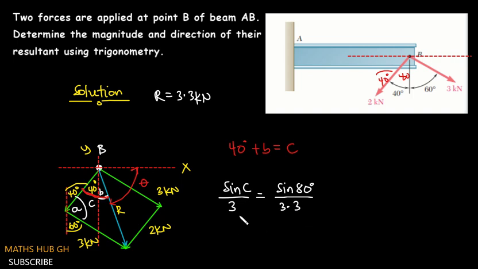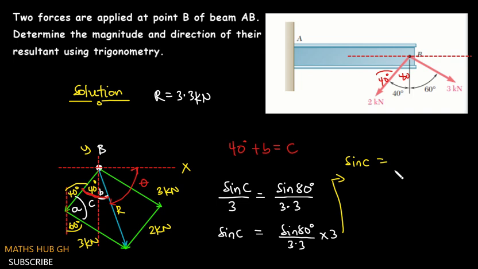So you have to find the value of C. So you're going to have sine C equal to the sine of 80 degrees divided by 3.3 multiplying with 3. Let's see what you are going to get for this. So let me continue from here. I'm going to have sine C equal to, let's find the value of sine 80 divided by 3.3 times 3.